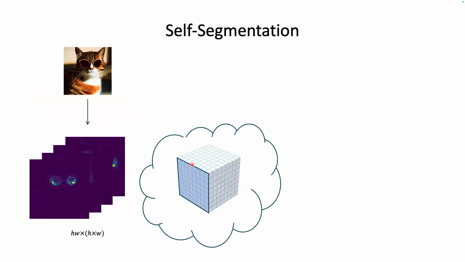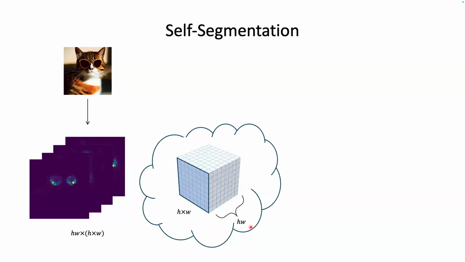Another way to look at it is that for each pixel in the image, we have h times w feature vectors that tell us for this specific pixel what are the pixels that are related to it.